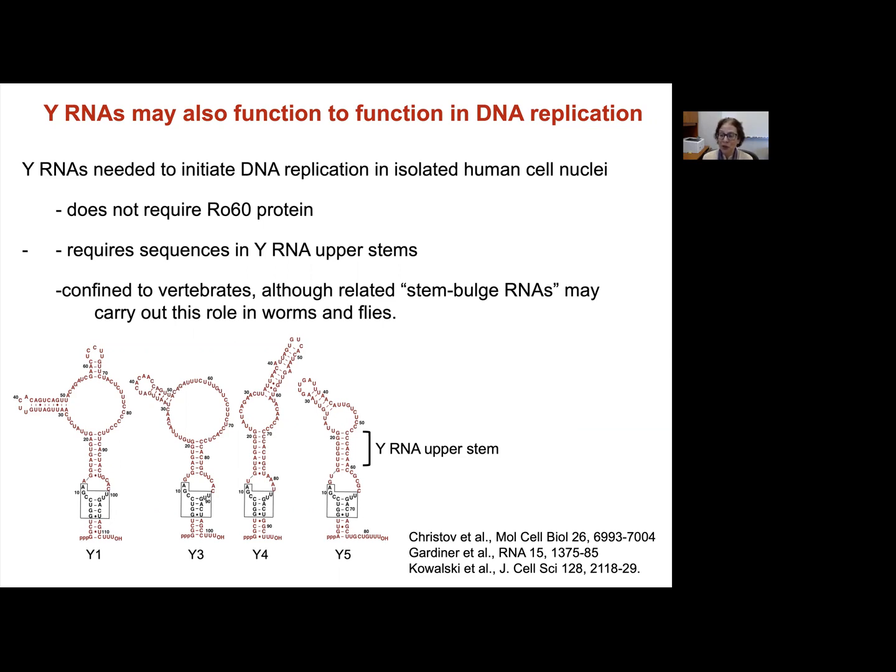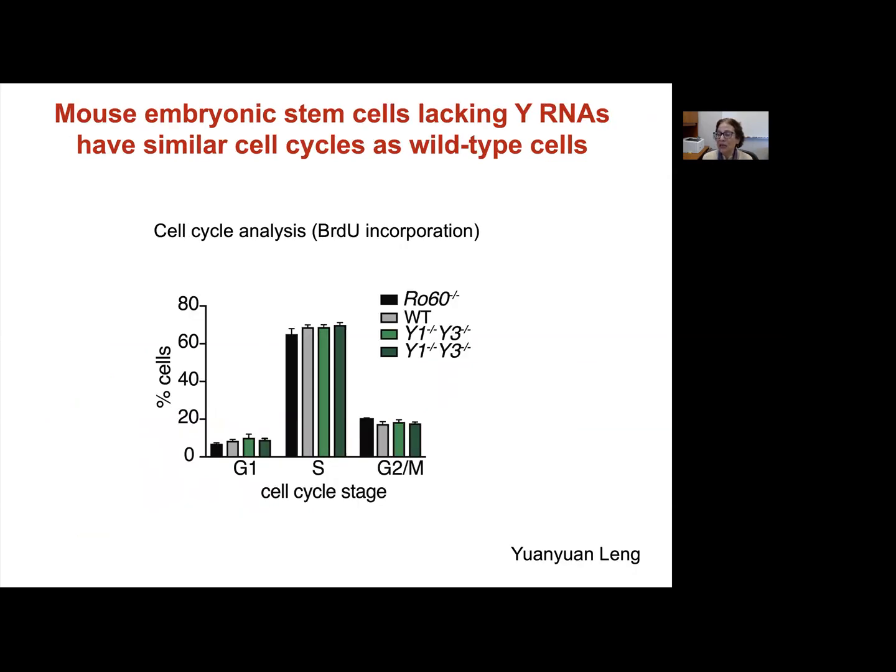To examine this further, we compared the cell cycles of wild type, Rho60 knockout, and two Y-RNA knockout cell lines, since defects in DNA replication should slow the cell cycle. In these experiments, we measured incorporation of bromodeoxyuridine, a thymine analog, and used flow cytometry to separate cells by stage of the cell cycle. All four cell lines behave normally, indicating that at least in these cells, Y-RNAs are not important for DNA replication.